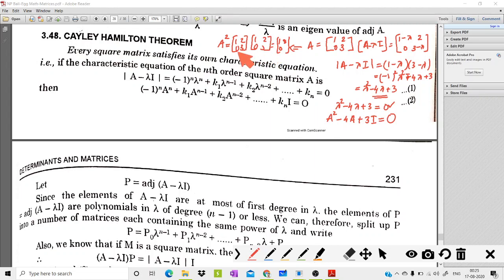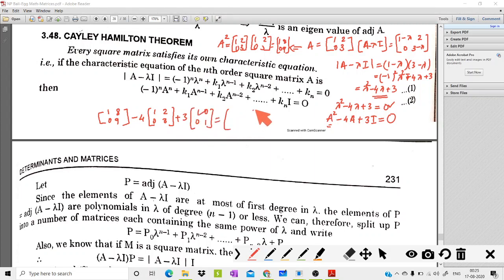And the last term will be 0 into 2, 3 into 3, that is 9. So A square will be 1, 8, 0, 9. This is A square, and we have minus 4 times A, minus 4 times 1, 2, 0, 3, plus 3 times the identity matrix, that is 1, 0, 0, 1.